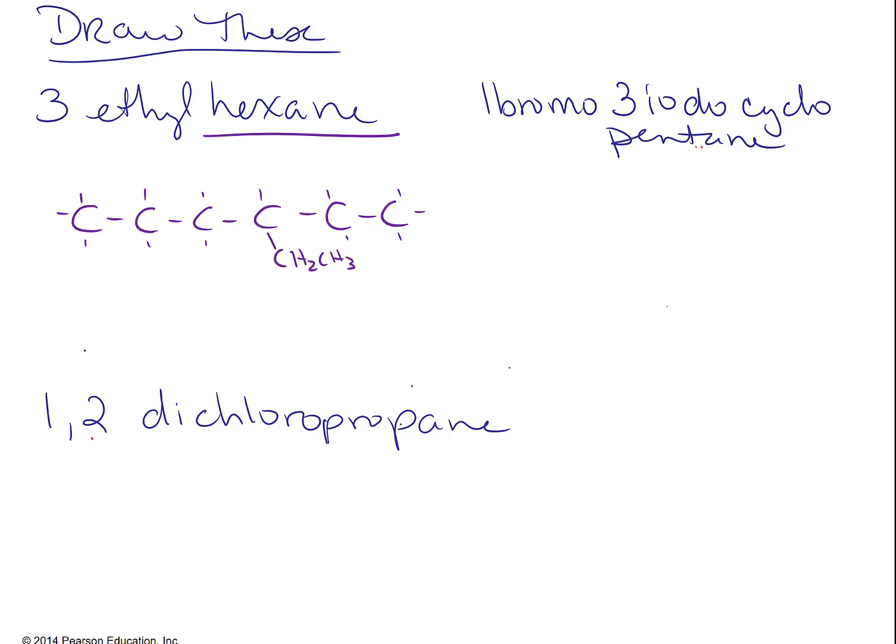If you did a skeletal, you would do 5 lines, 1, 2, 3, 4, 5, 6 dots, like 6 corners or ends in this one, and then off of this middle one you would need to do a bend, because an ethyl is a 2 carbon group, so it would need to have a line coming down and then a bend in another line.